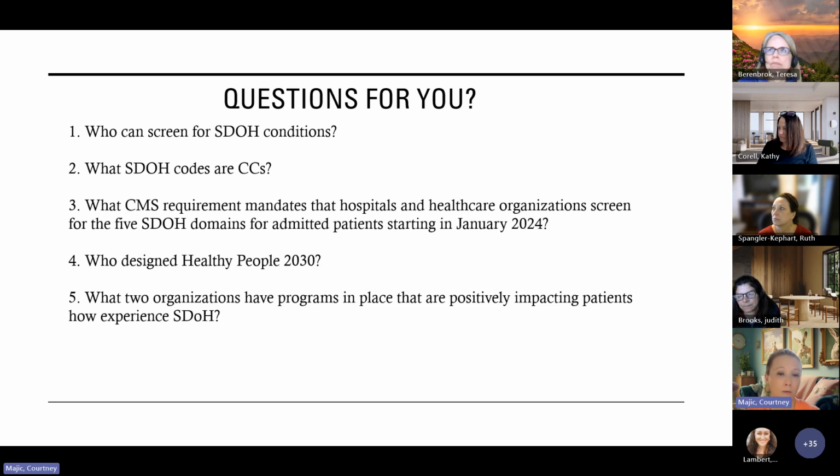So I think the option to have multiple different teams and people being available to ask the question definitely helps a lot. So question number 2, what social determinant of health codes are CCs?